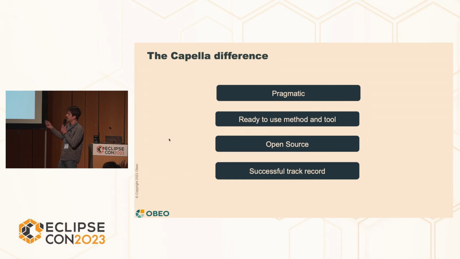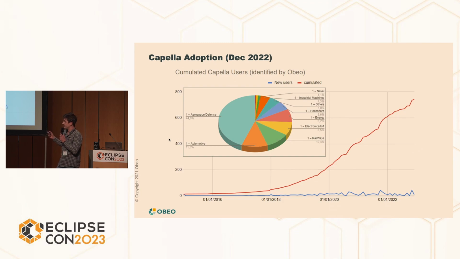So to summarize, what makes Capella different is that it's really pragmatic, open source, free, and easy to use. It really helped Capella to be successful. As I said, it's been open source and public for a couple of years now.